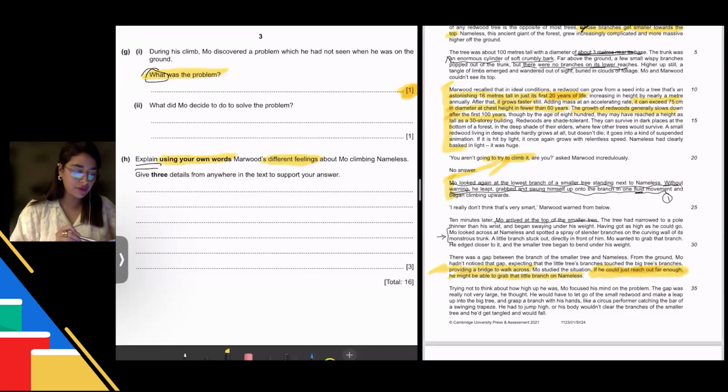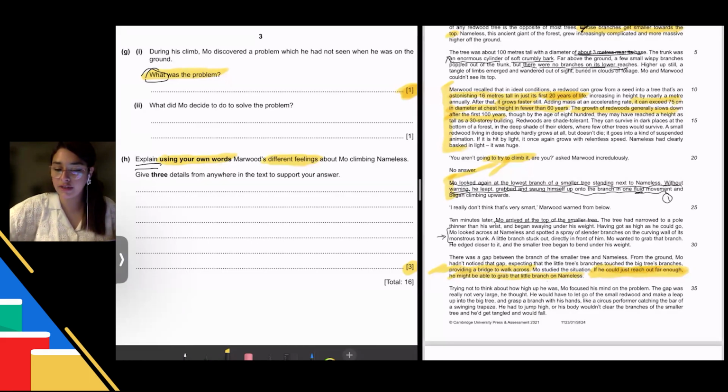Keep in mind, this is a 3-mark question. They're not testing you on simply those three feelings, those three words. Look at the number of lines, look at the word explain, look at the words use your own words. This means the examiner expects you to write a proper detailed response, highlighting how Marwood experiences these different feelings in order to convey what he feels about Mo climbing the Nameless.